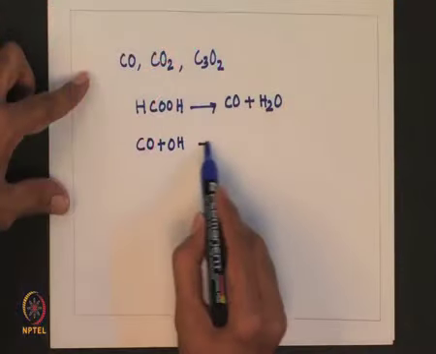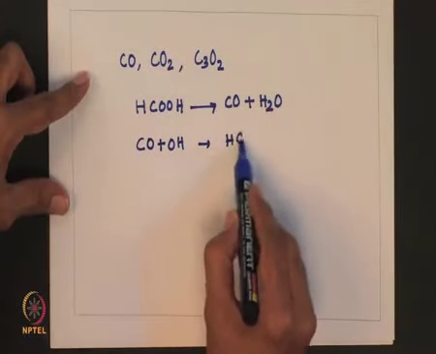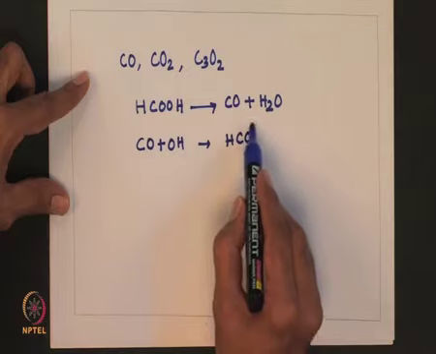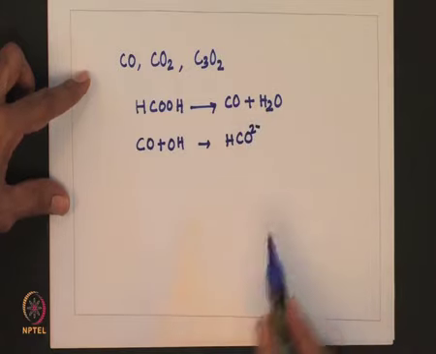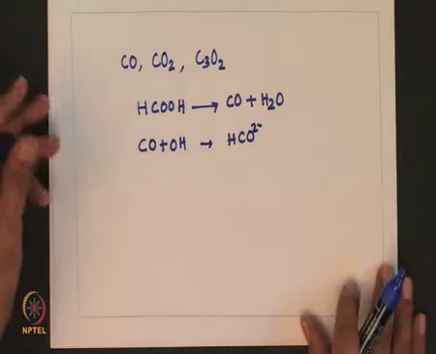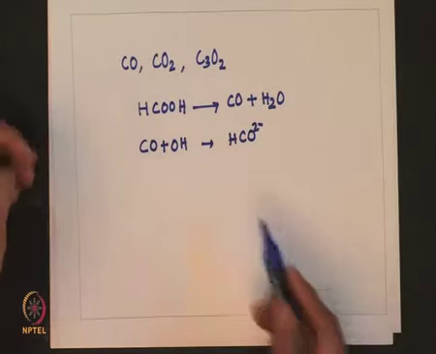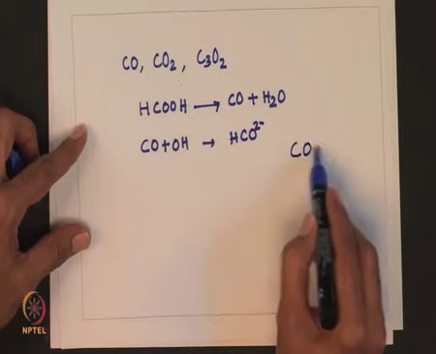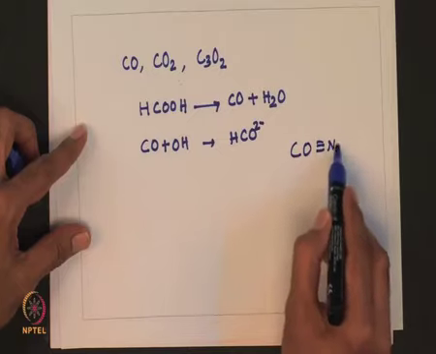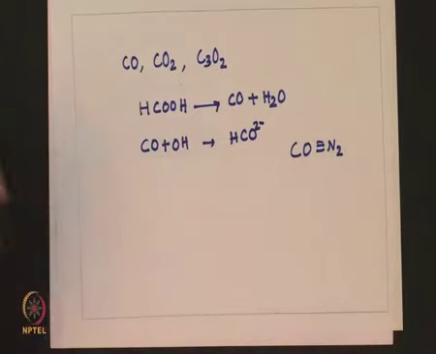CO plus OH- gives HCO2-, the formate anion, when treated with concentrated hydroxide. So, CO is isoelectronic with N2 and has very similar physical properties, and also you know the fact that carbon monoxide is very poisonous and it is much more reactive than nitrogen.